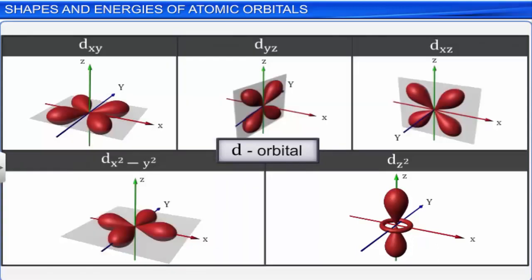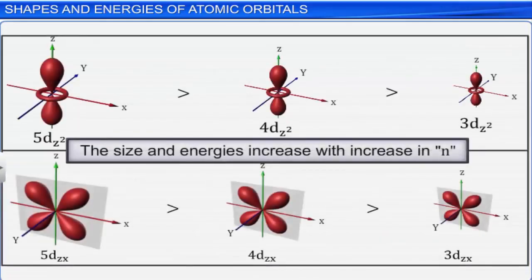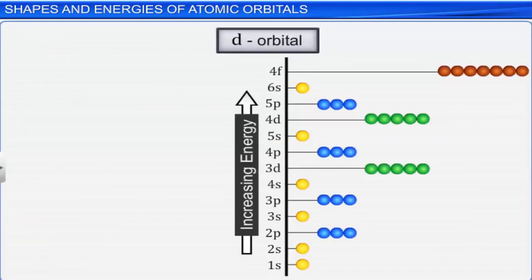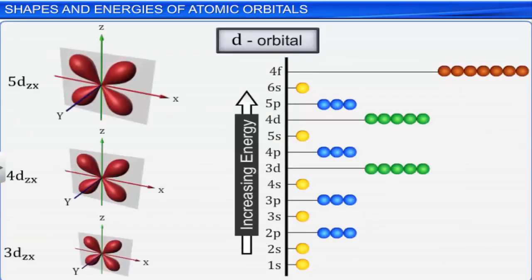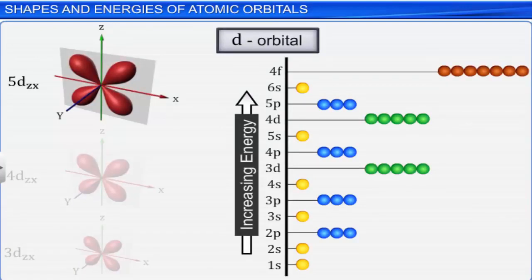All the five d orbitals belonging to a principal shell have the same energies. The size and energies increase with increase in the principal quantum number. For example, the order of the size and energy of various d orbitals is 5d greater than 4d, which in turn is greater than 3d.